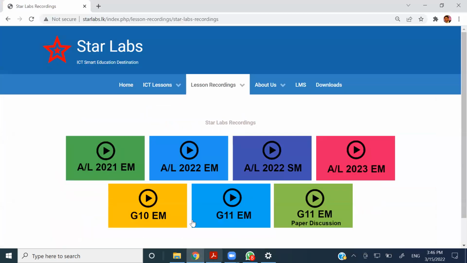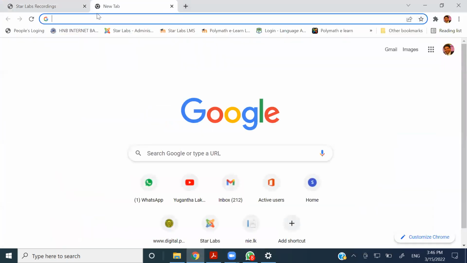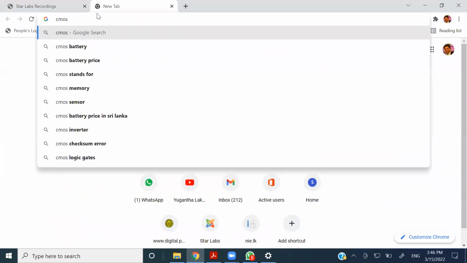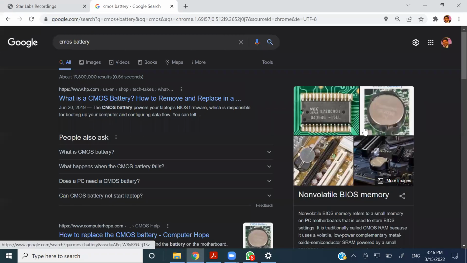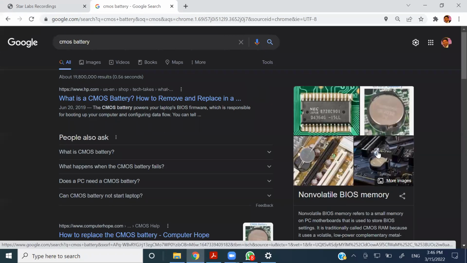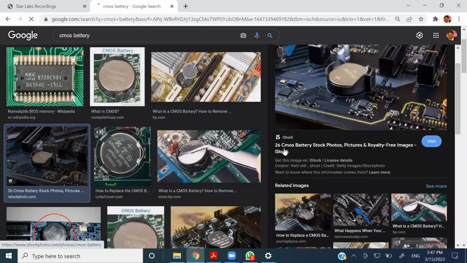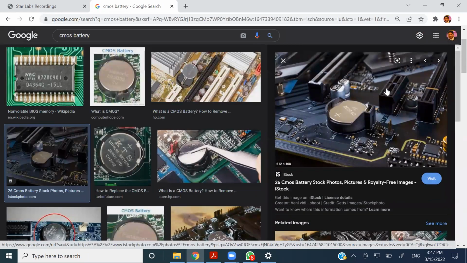On the motherboard, we can find something called a CMOS battery. I'll show you a picture. That CMOS battery is there to power up the ROMs, the read-only memories. These kinds of batteries are called CMOS batteries.